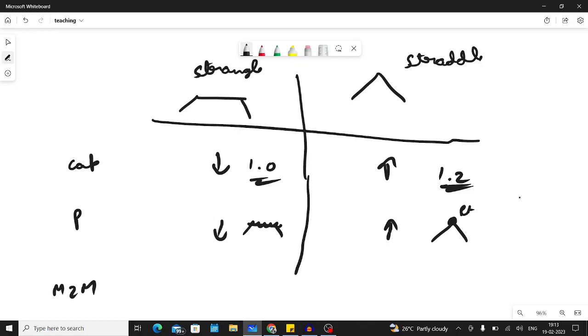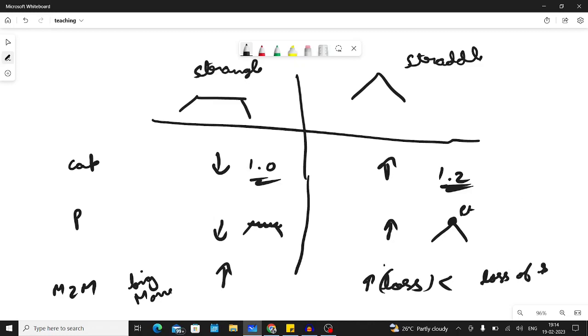And M2M losses, as in if there is a big move on a particular day, the M2M loss of a strangle will be higher and the M2M loss of a straddle will be lower than a strangle. Although this is a loss, it will be less compared to the loss of a strangle. So these were the major differences between straddles and strangles.